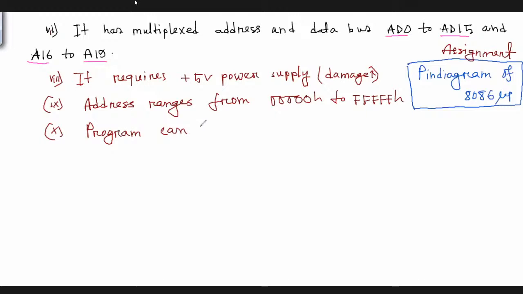Programs can be of two types. Number one, system program. System programs are non-volatile. You cannot change those programs, and those programs are written in ROM.